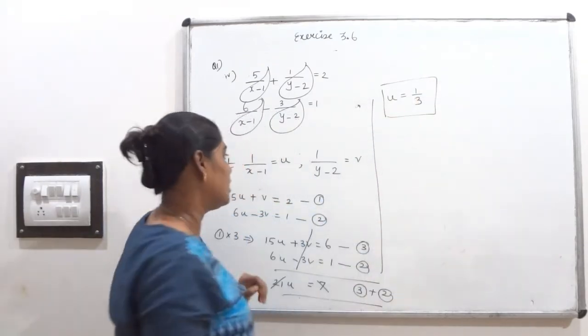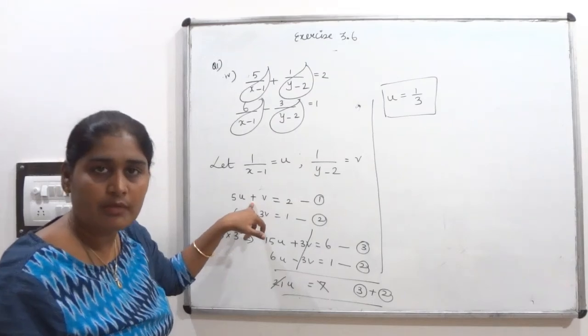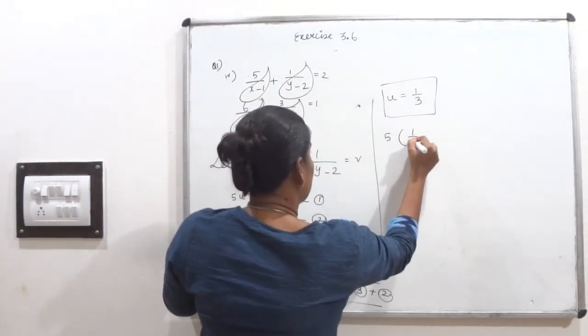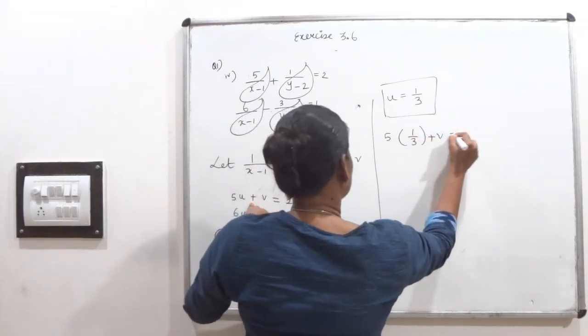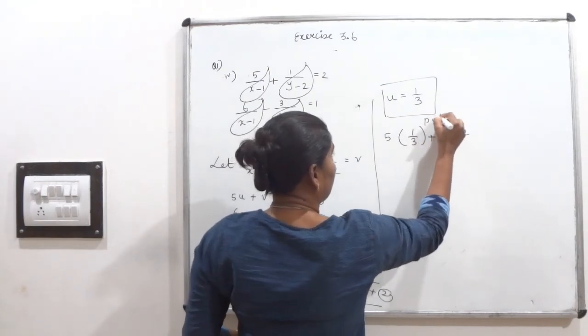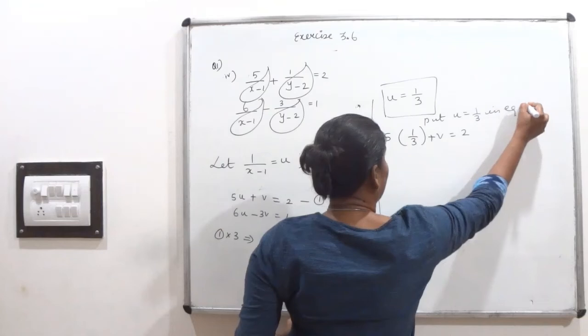After getting the u value, substitute that u value in any one equation, you will get the v value also. 5 into 1 by 3 plus v equal to 2. Write it here. Put u equal to 1 by 3 in equation number 1.